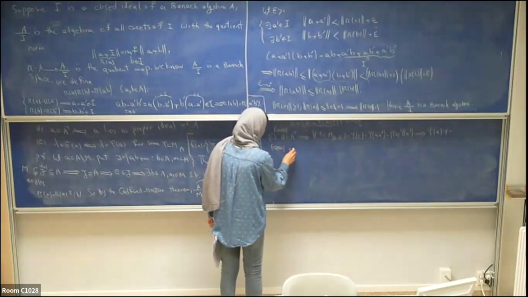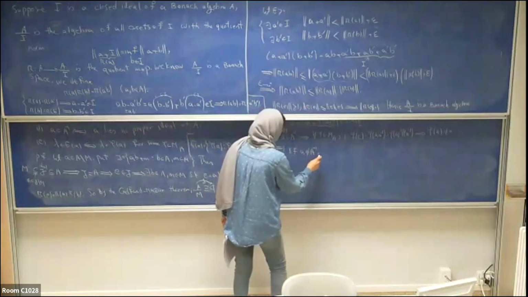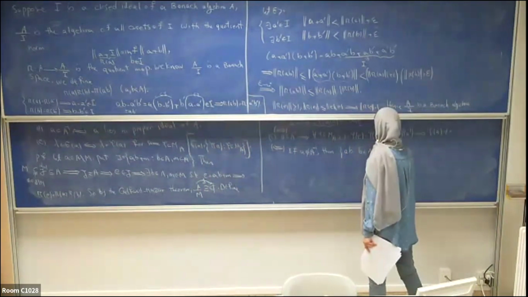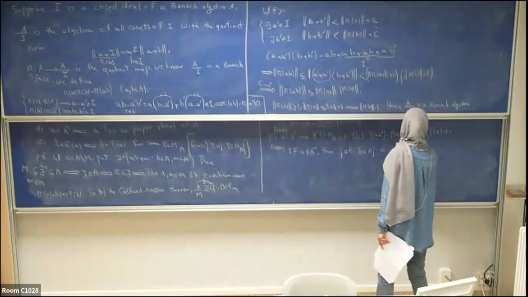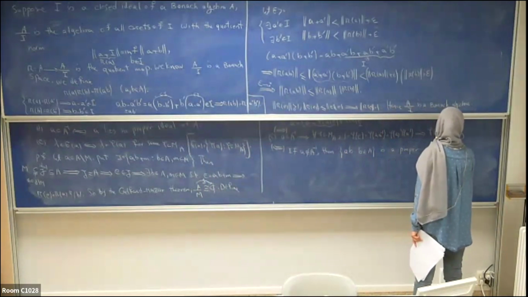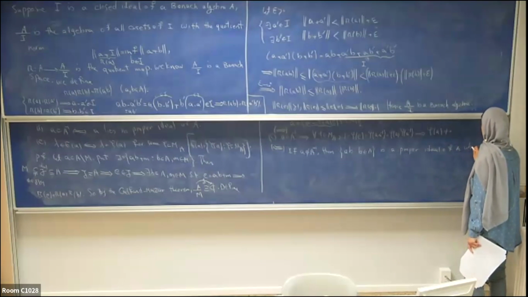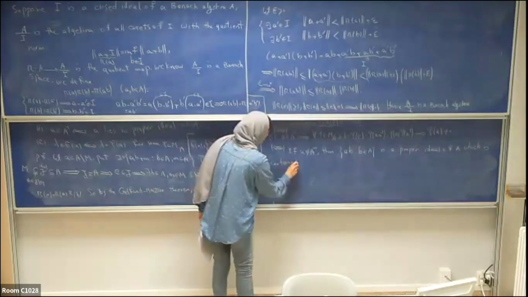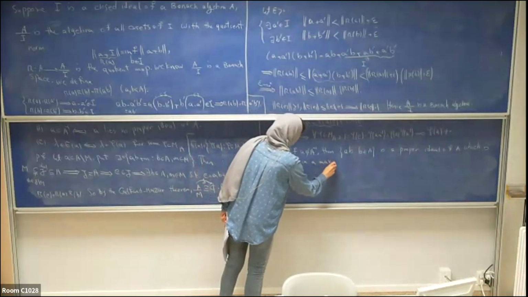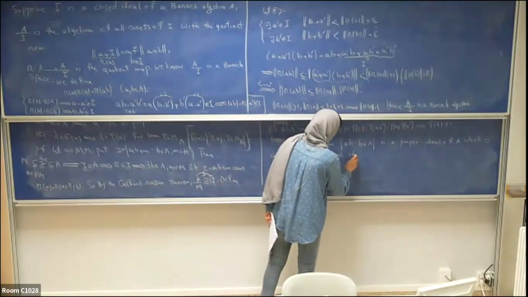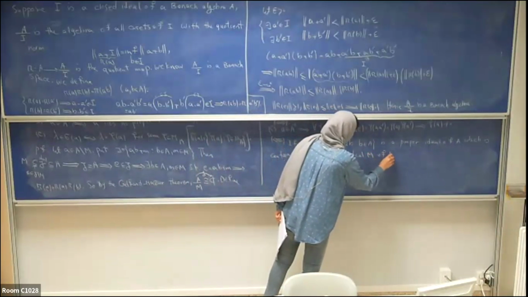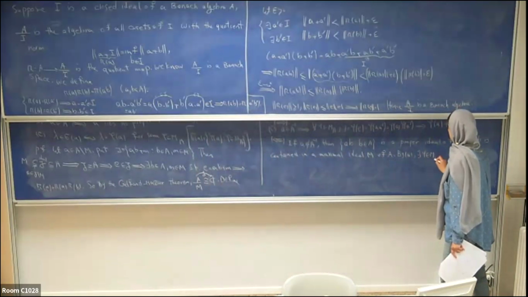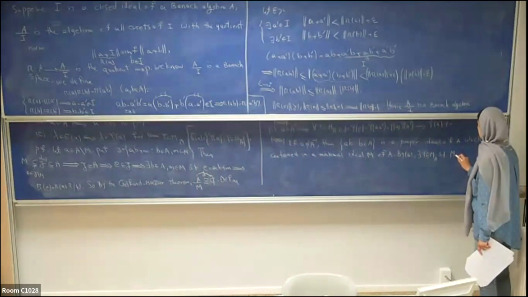And for the converse, if A is not invertible, then the algebraic ideal generated by A, I mean I equals AB for B in A, is a proper ideal of A. And I told you yesterday, which is contained in a maximal ideal of A, like N. By the first part, we can say there exists phi in M of A such that N is the kernel of phi.